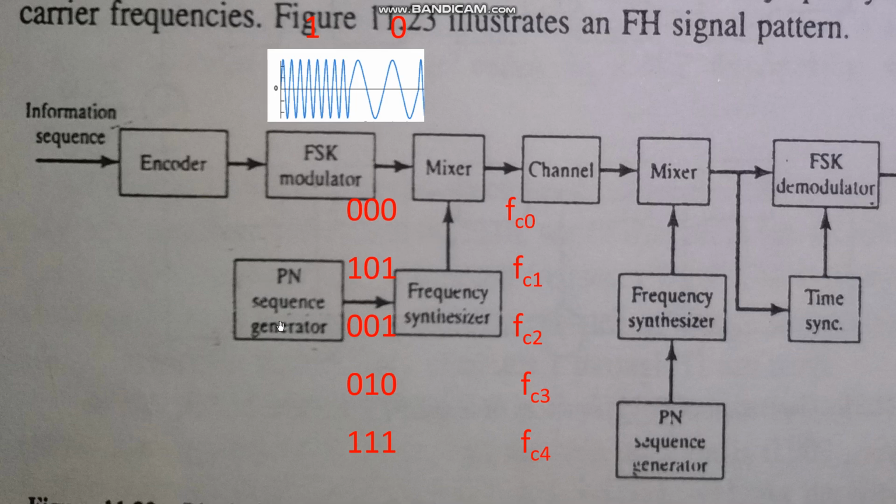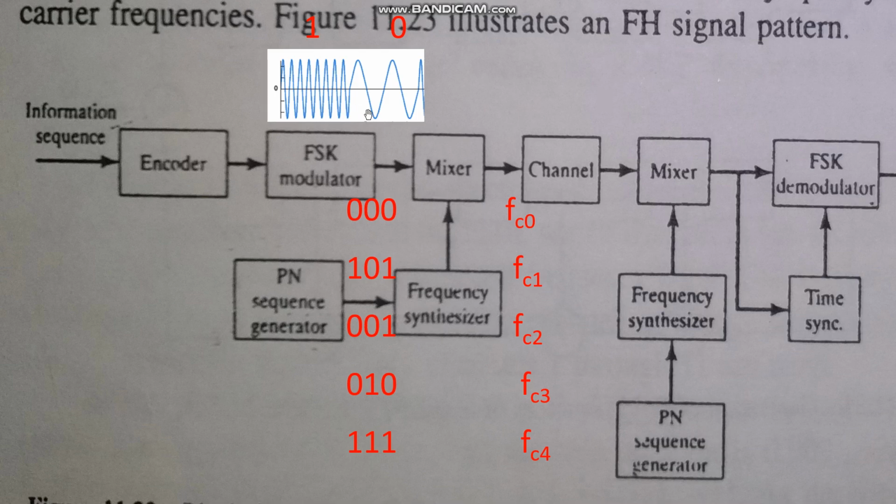So as the sequence changes, the frequency which is to be added or translated with this frequency will go on changing, and thereby we get randomness in the frequency. This change in frequency is called hopping. Hopping means jumping from one frequency to another frequency randomly.